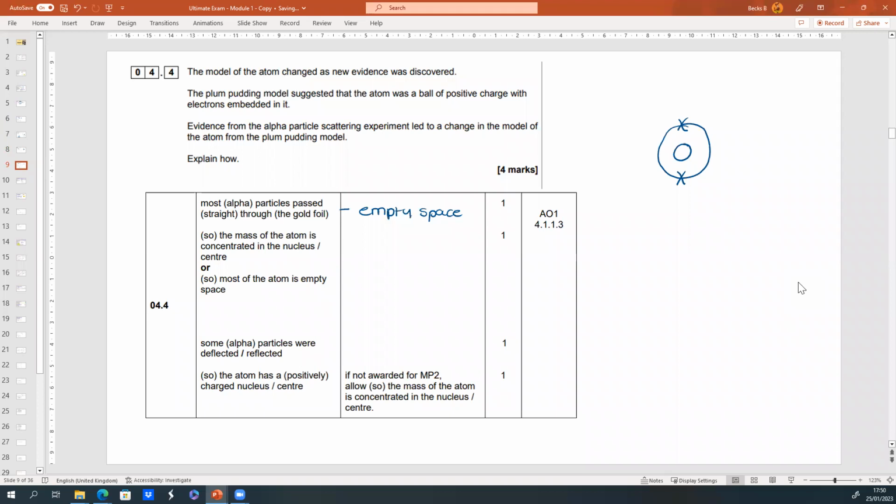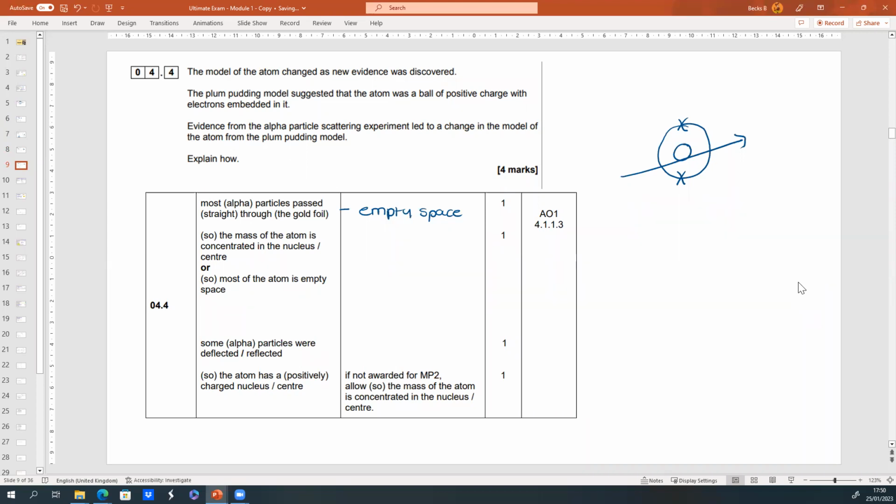The ones that pass straight through must have gone through some empty space. So talking about the empty space and then passing through is 1. The mass of the atom is in the nucleus, although it's mostly empty space. So that's your first 2 marks.